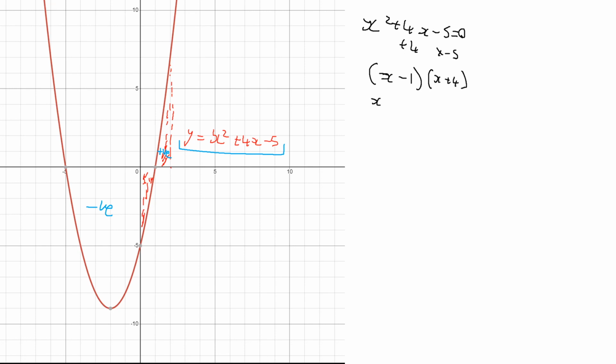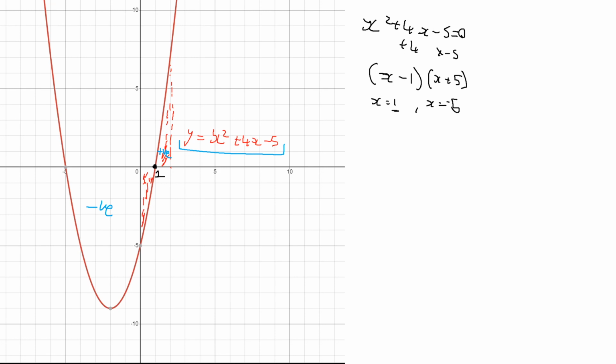And so we know that x is equal to 1 and x is equal to minus 4. Now, out of these 2, which one is that one going to be? Exactly, it's going to be 1. So let's label this as 1.